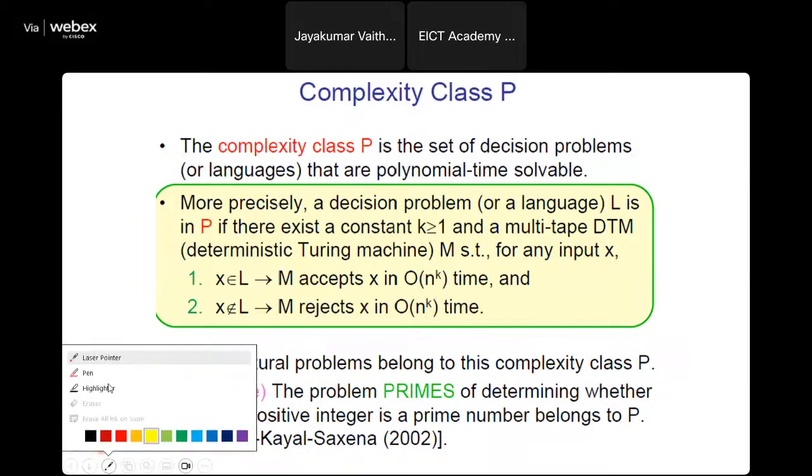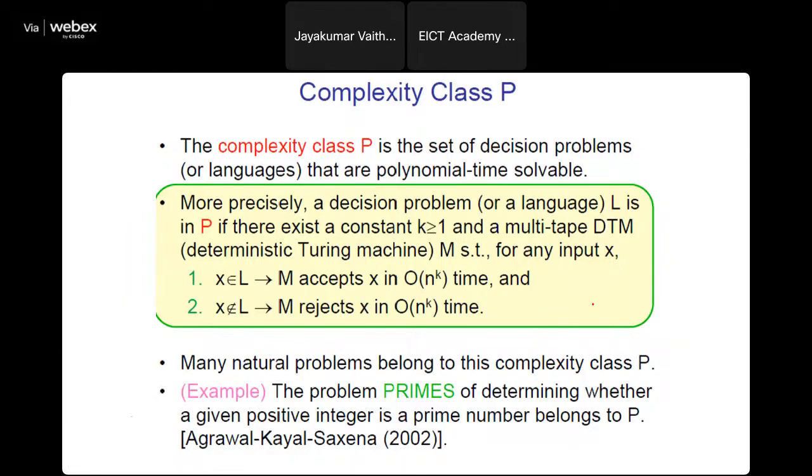So in simple terms, I want to describe it this way. This is your machine, your Turing machine. Let's say this is M. Suppose you are giving X as an input to your Turing machine.